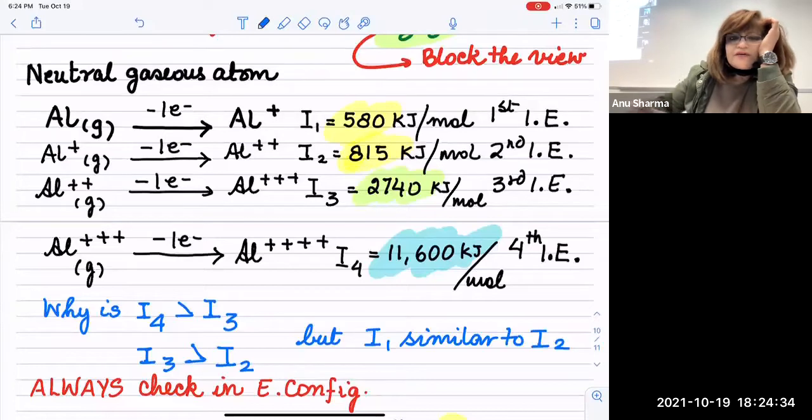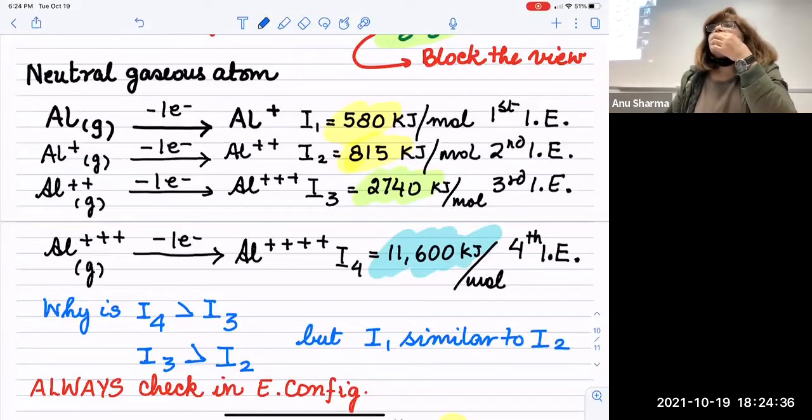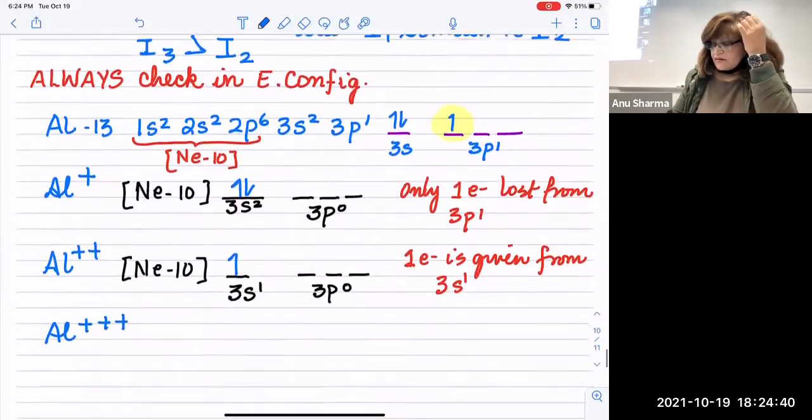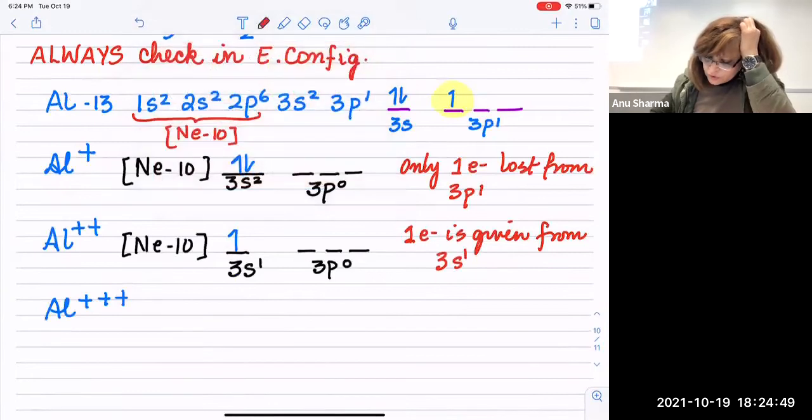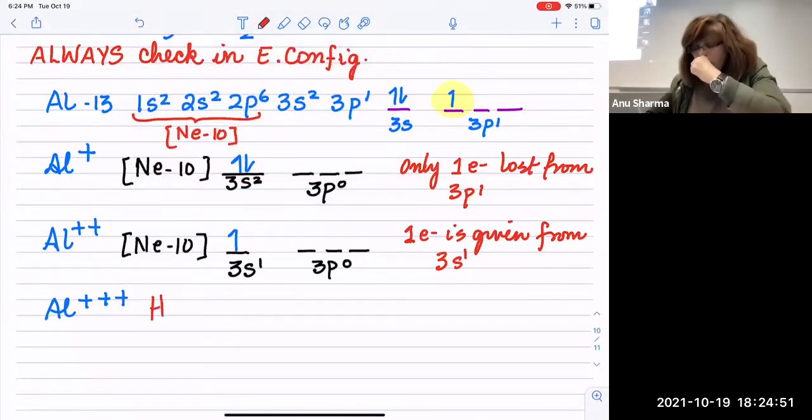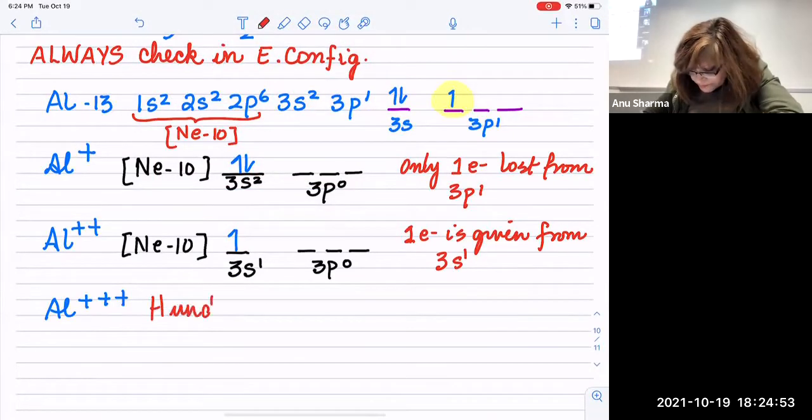So one is saying, say that again. Because it's ruining essentially the last part of the shell. Yeah, so remember, we learned this rule, Hund's rule.